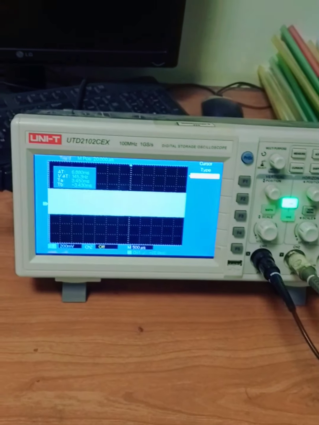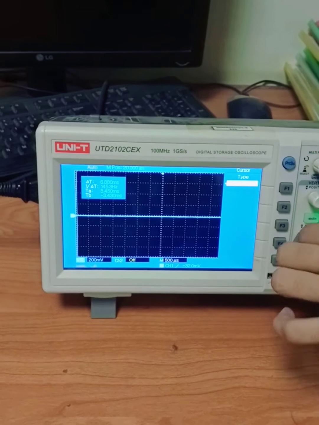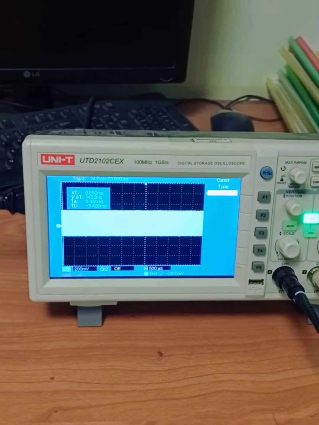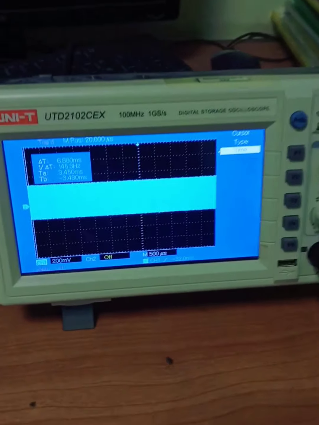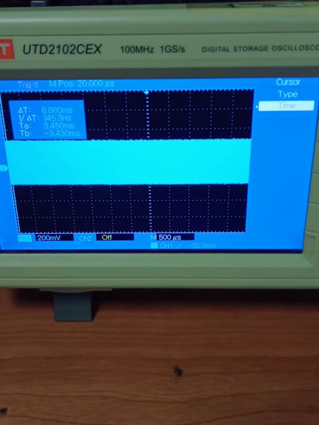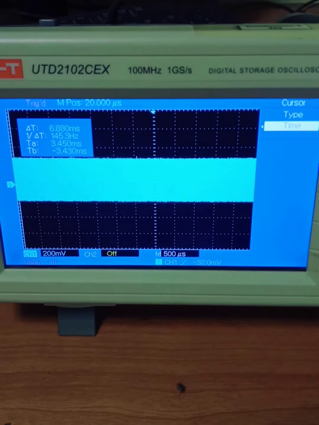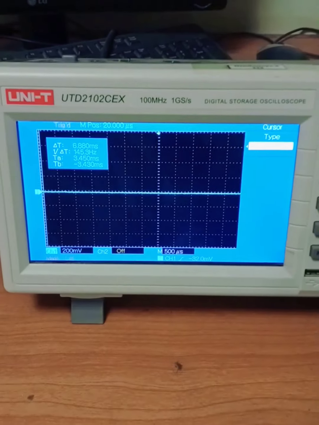As I am increasing the amplitude, you can see the waveforms are so close because the frequency of the carrier signal is too high. Let me decrease the carrier signal frequency.